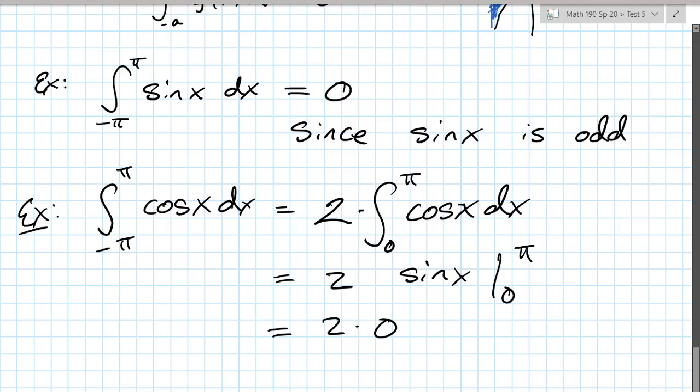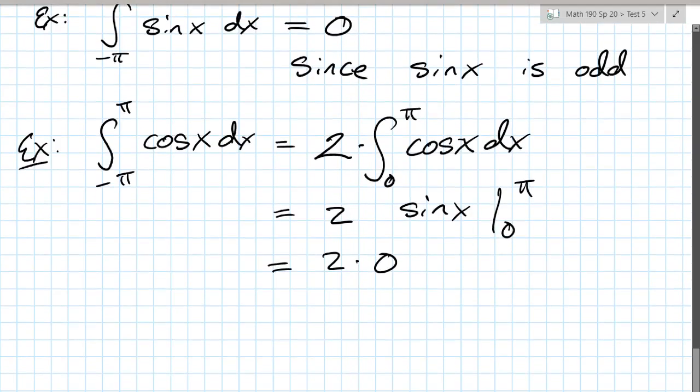Does this make sense? Well, let's think about what we have. Cosine goes like this. Here's pi over negative pi over 2. Here's pi over 2. Here's pi. Here's negative pi. What we're doing, we're actually going like this.